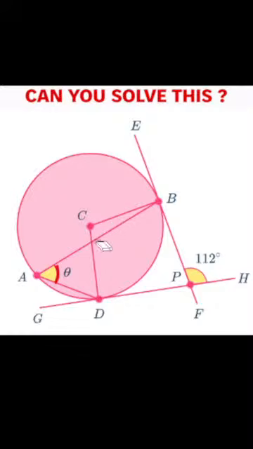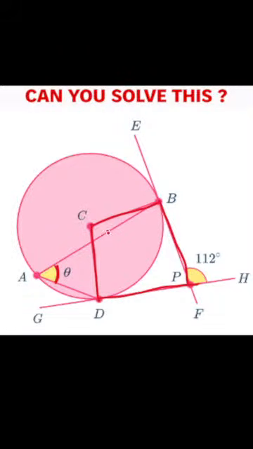Clear? Now, if I look at this quadrilateral, it has the property of a cyclic quadrilateral. However, it is not a cyclic quadrilateral, since not all of its points lie on the circumference of the circle, but the property which says that the opposite angles of a cyclic quadrilateral are supplementary, it follows. So it behaves as a cyclic quadrilateral.